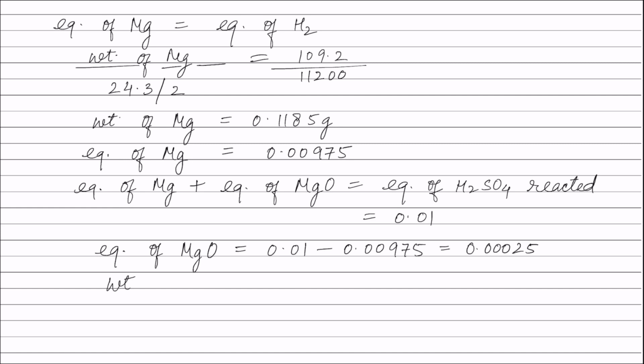Therefore, weight of magnesium oxide is equal to equivalents of magnesium oxide, that is 0.00025, into equivalent weight of magnesium oxide, that is 20, and this is equal to 0.005 grams.